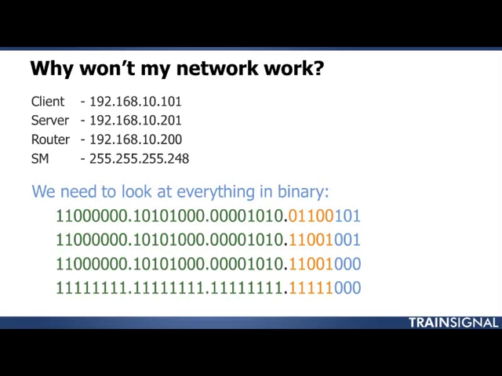Well, the easiest way to break this down, and this is why it's so important and why I'm so insistent that you learn this, is we need to take all 3 of those IP addresses and break them down into binary. So I've taken the client, the server, and the router, and I've put them all in binary. And I've taken the subnet mask and put it in binary.